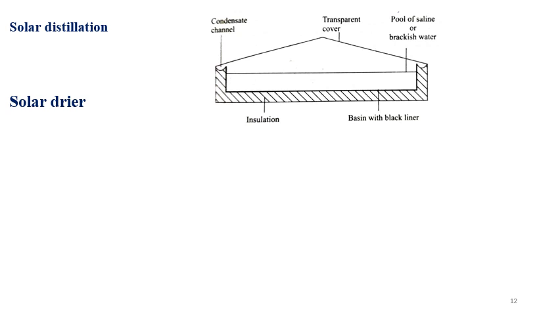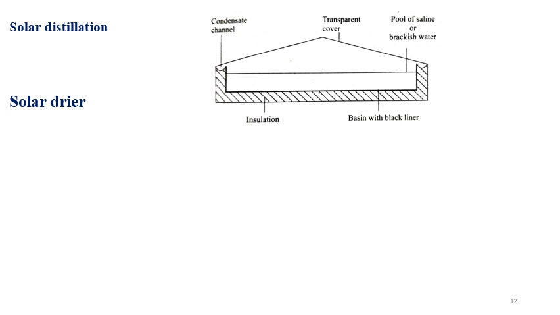The cover, which is usually glass or maybe plastic, is sloped towards a collection trough, and the solar radiation passes through the cover and is absorbed and converted into heat on the black surface. So the impure or salt water in the basin or tray is heated up, and the vapor produced is condensed to purified water on the cooler interior of the roof.